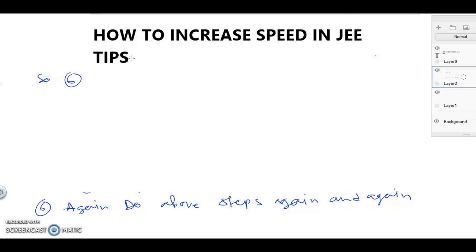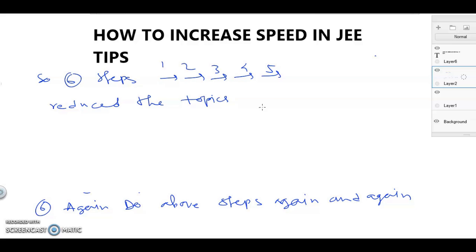Repeat those five steps, one, two, three, four, five. In this way you reduce the topics, because in every step you are reducing the questions and topics.